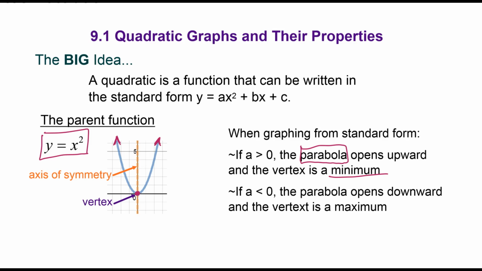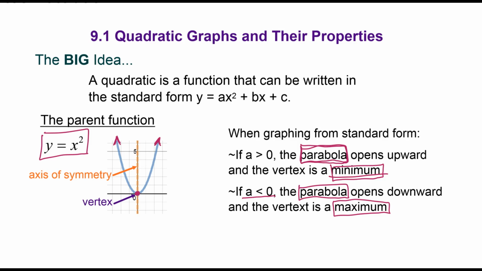So your vocabulary on this page is parabola and minimum. Your vocabulary on the next one is parabola and maximum, because if a is less than 0, then the parabola opens downward and the vertex is a maximum.